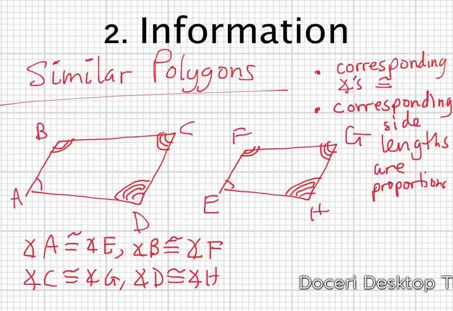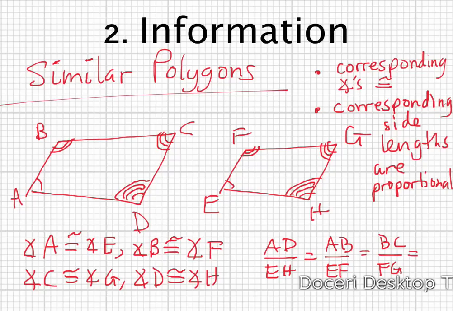So remember, in order for two ratios to be in a proportion, their values must be the same. So if I compare AD to EH, that will be the same as AB over EF, which is the same as BC over FG, and the same as CD over GH.